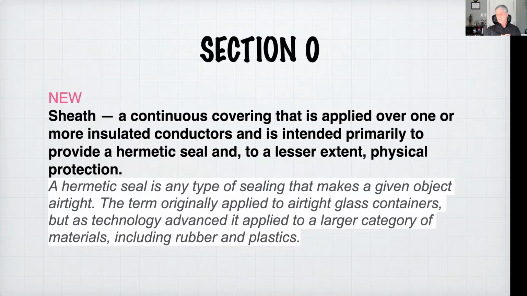A hermetic seal is any type of sealing that makes a given object airtight. The term originally applied to airtight glass containers, but as technology advanced, it applied to a larger category of materials, including rubbers and plastics.